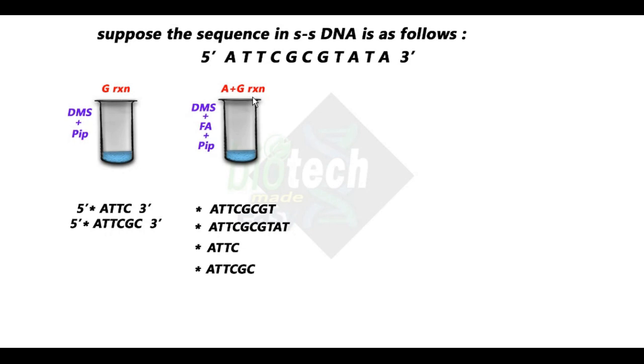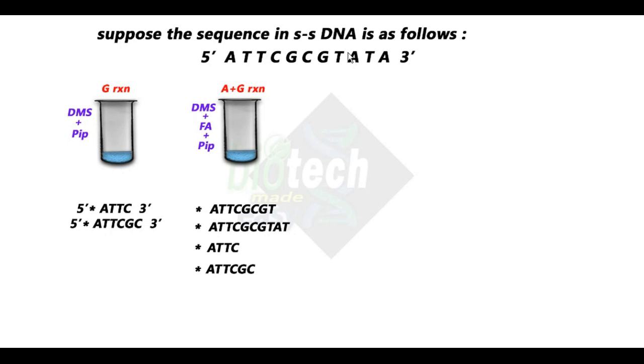Now again see, here the A is the first one. But if the reaction is cleaved at this point, then what will happen? You will get just this 5' and phosphorus. So this doesn't make any sense. Then see, where is A? A is present here also.